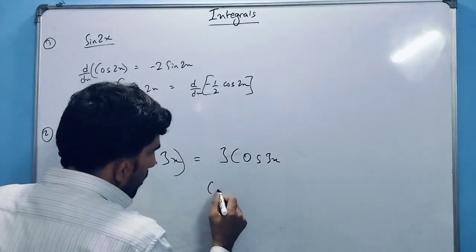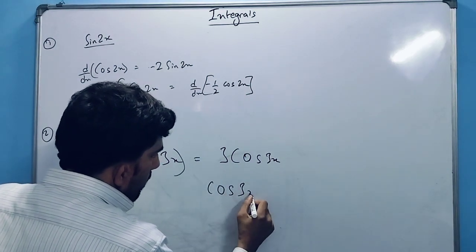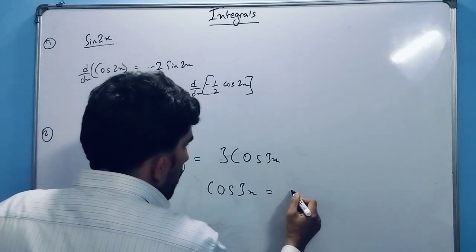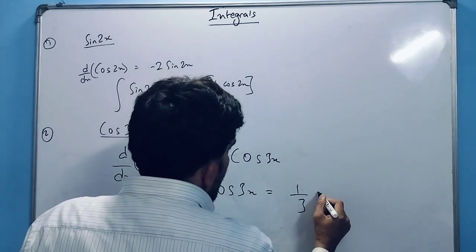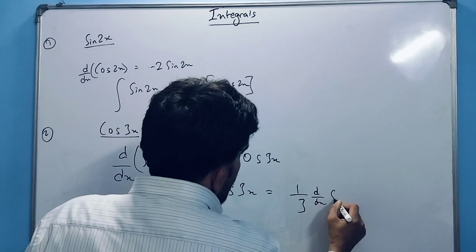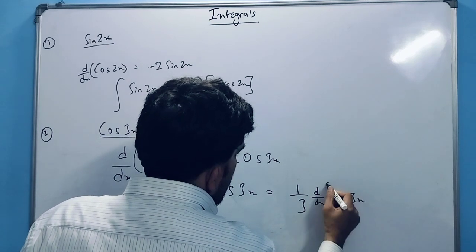So now we have cos 3x is equal to 1 by 3 of d/dx of sin 3x.